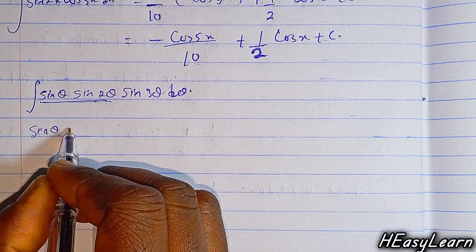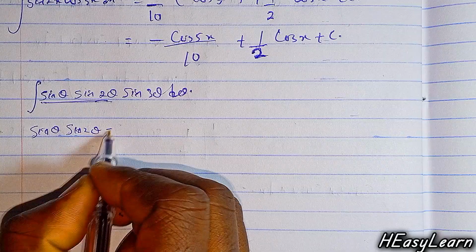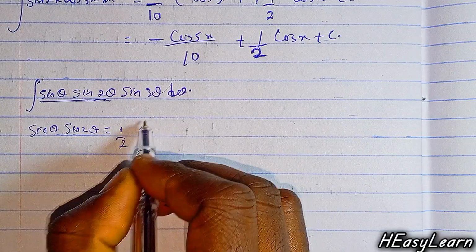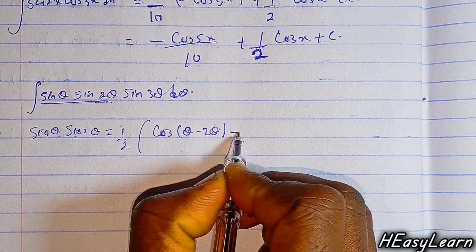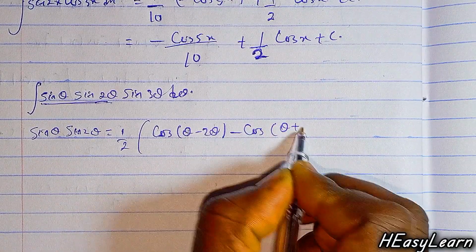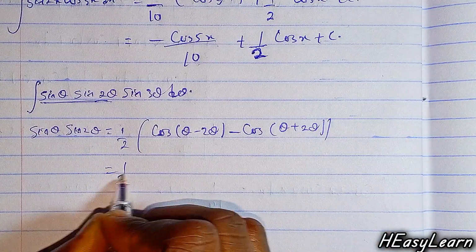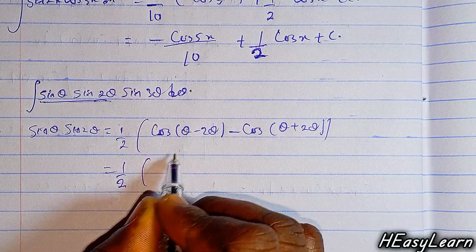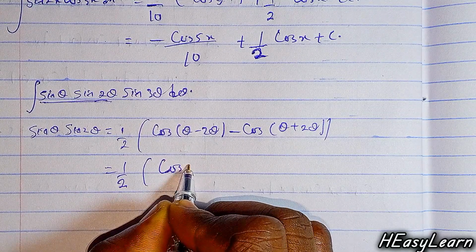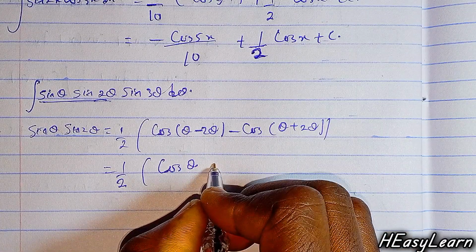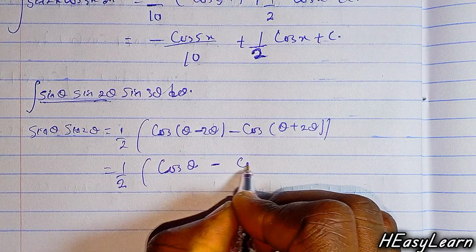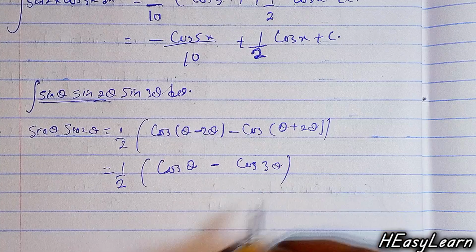Recall that sin theta sin 2 theta is the same thing as a half, cos(theta minus 2 theta) minus cos(theta plus 2 theta). This is the same thing as 1/2. Here we have cos theta, it's going to be minus theta, but it is an even function, so it will omit the negative, minus cos 3 theta.